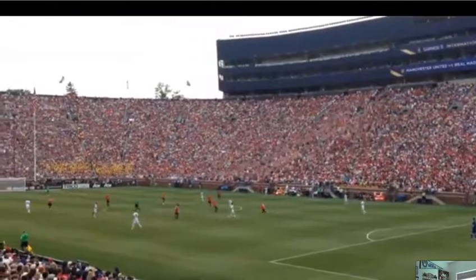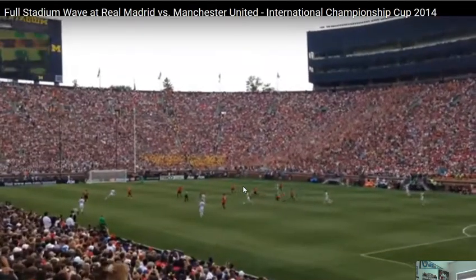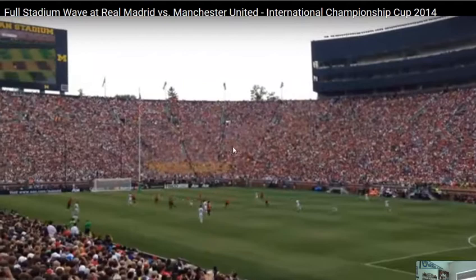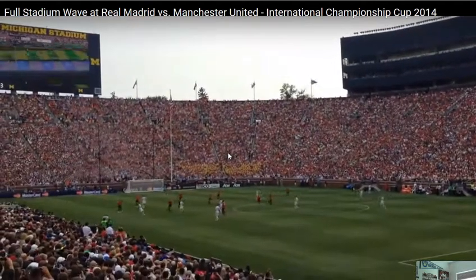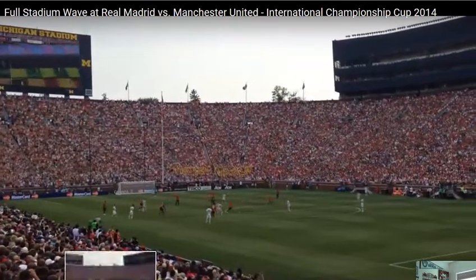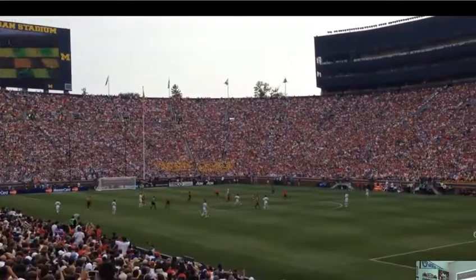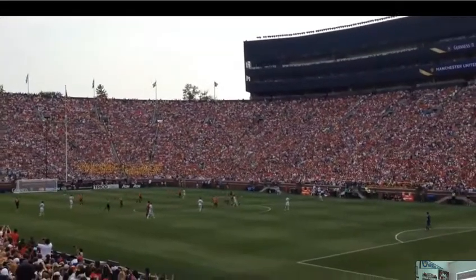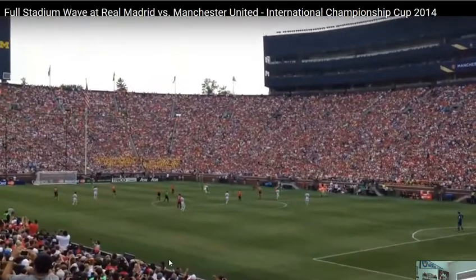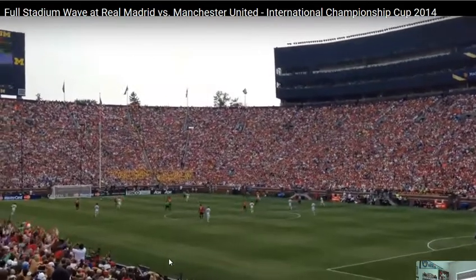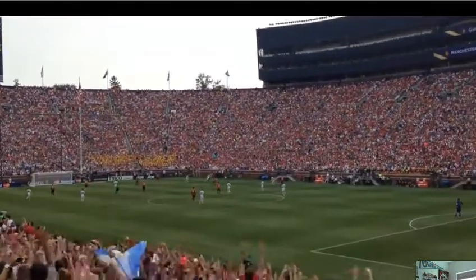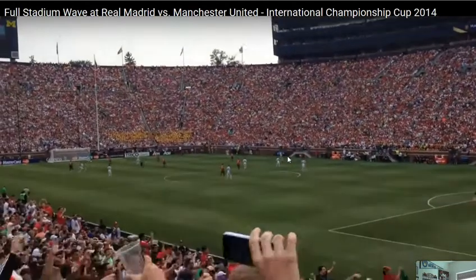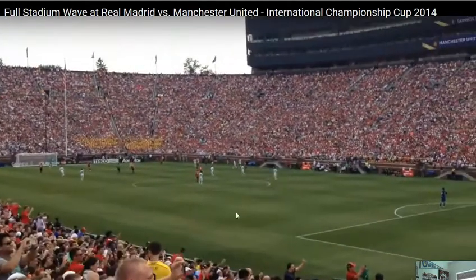And there it goes. So we can't see the vibration, but we can see the wave. And it takes a little while for it to jump up to where we are. Here it comes. And it is pretty cool.